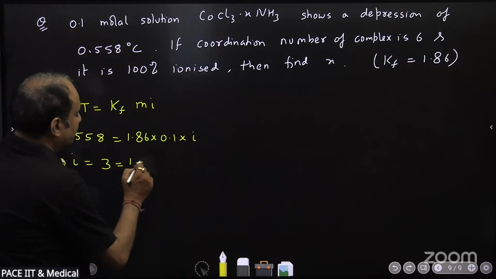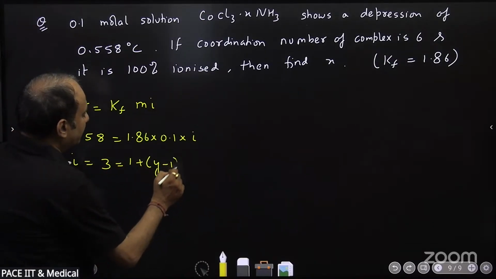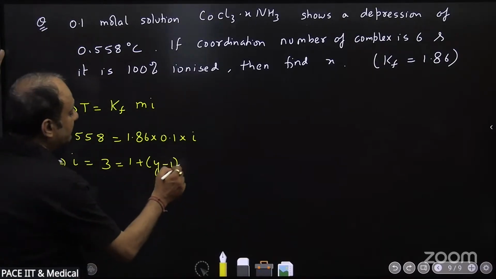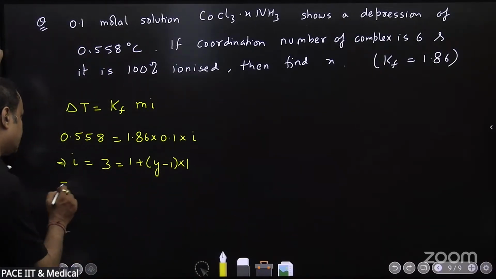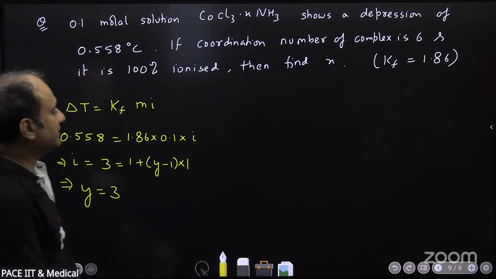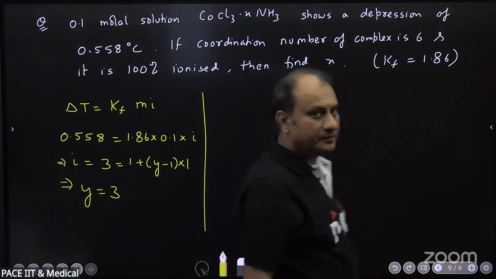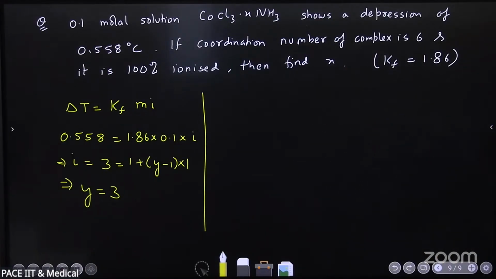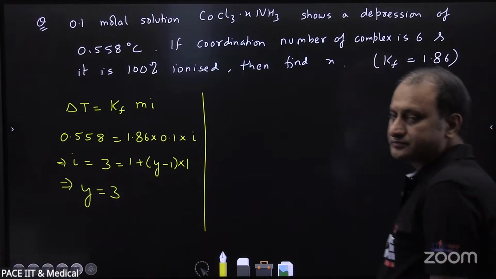And this should be equal to 1 plus (y minus 1) alpha. And alpha is given 100%, that is 1. So from here y also we get as 3. Means this complex, when it is ionizing inside the water in the solution, it is giving us 3 particles.